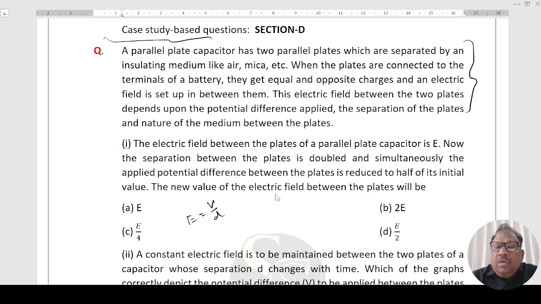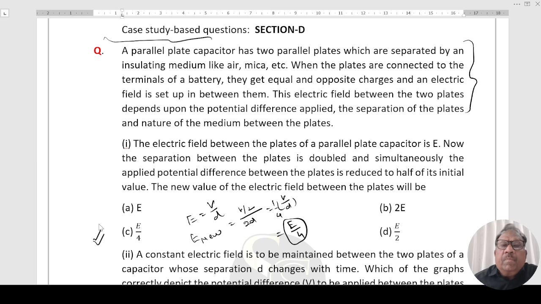The new electric field between the plates, E new, will be equal to potential difference reduced to half, V by 2, upon the separation between the plates doubled, 2d. That is V by d times 1 by 4, that is E by 4. C is the correct option.